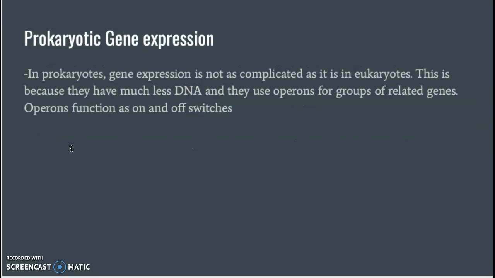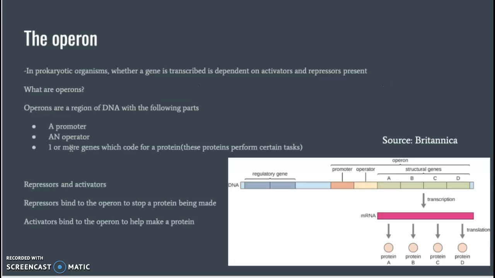So now let's talk about prokaryotic gene expression. Remember, prokaryotes just have one single cell, and gene expression in these organisms is not as complicated as it is in eukaryotes. This is because they have much less DNA, and they use operons for groups of related genes. Operons function as simple on and off switches. So let's talk about the operon.